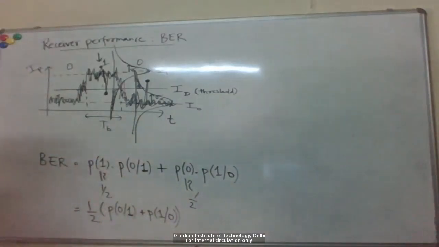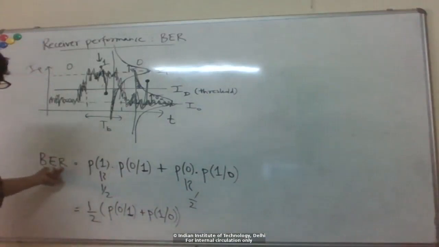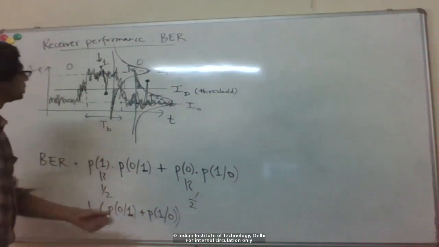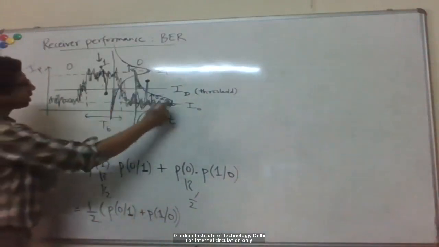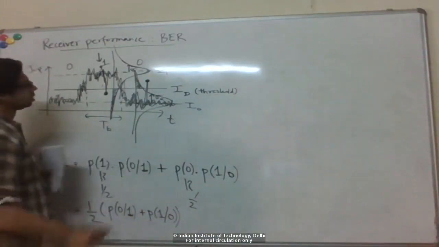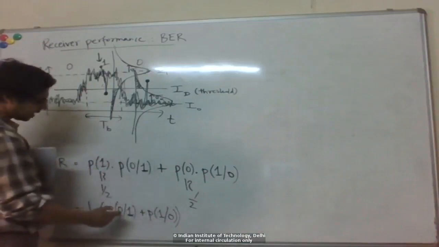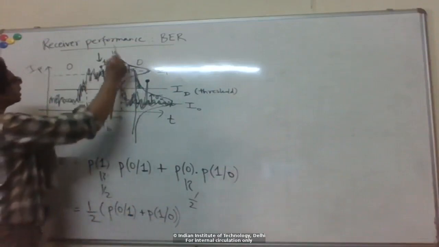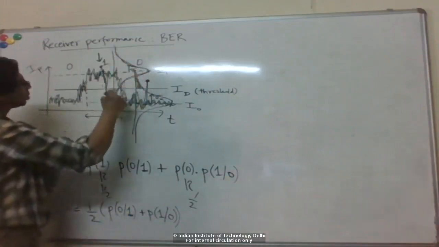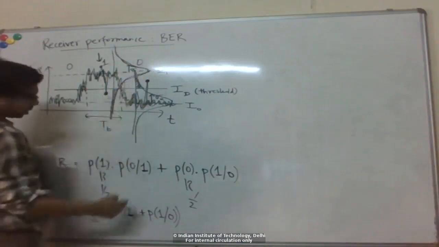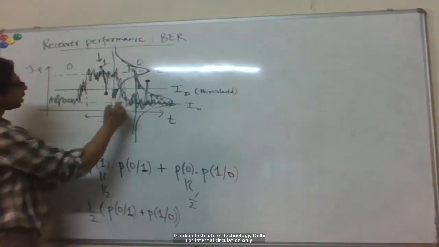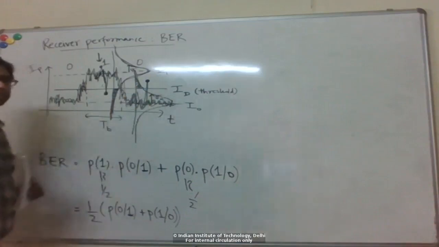So now, how do we model this? You can see we can calculate the bit error rate from these probabilities. And what are these probabilities? That's just the area. This is the probability distribution function. The probability of 0 given 1 was sent: if 1 was sent, then I have this probability distribution for the photocurrent, and the probability to detect 0 is the area of this distribution below ID.